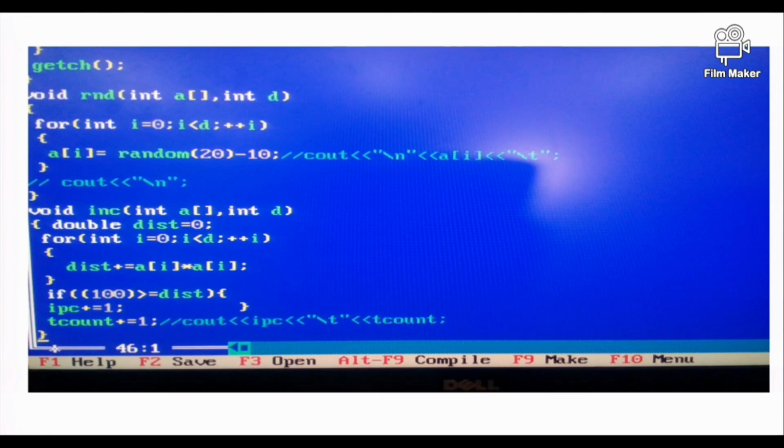What I do here is compare the distance with r squared. If this is correct, then my in-circle count increases by 1, and irrespective of this happening, the total count of the points, the darts, increases by 1.